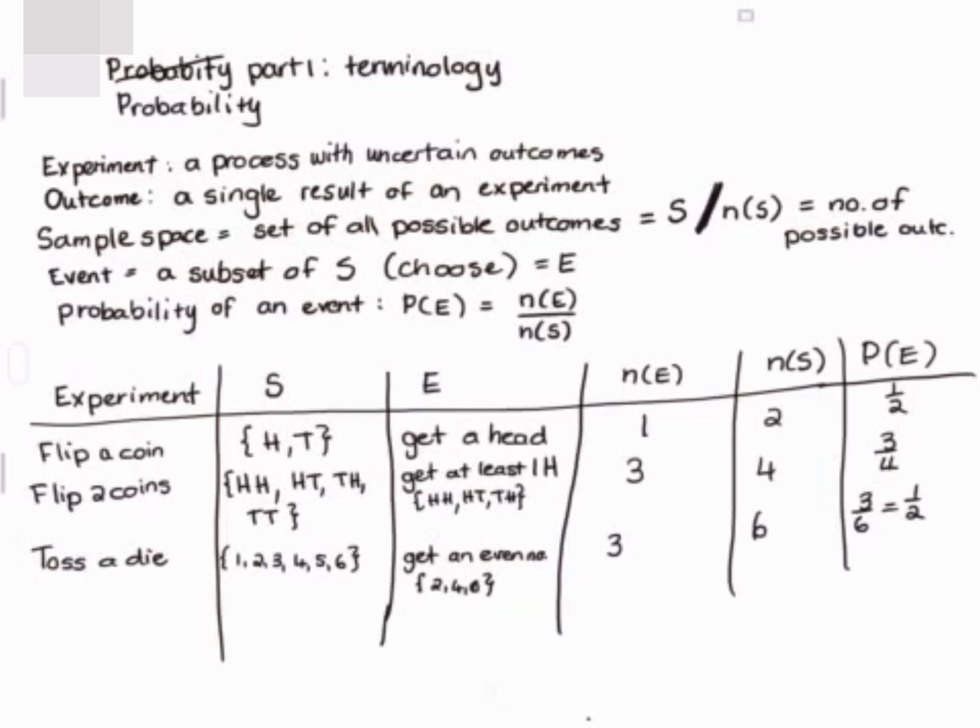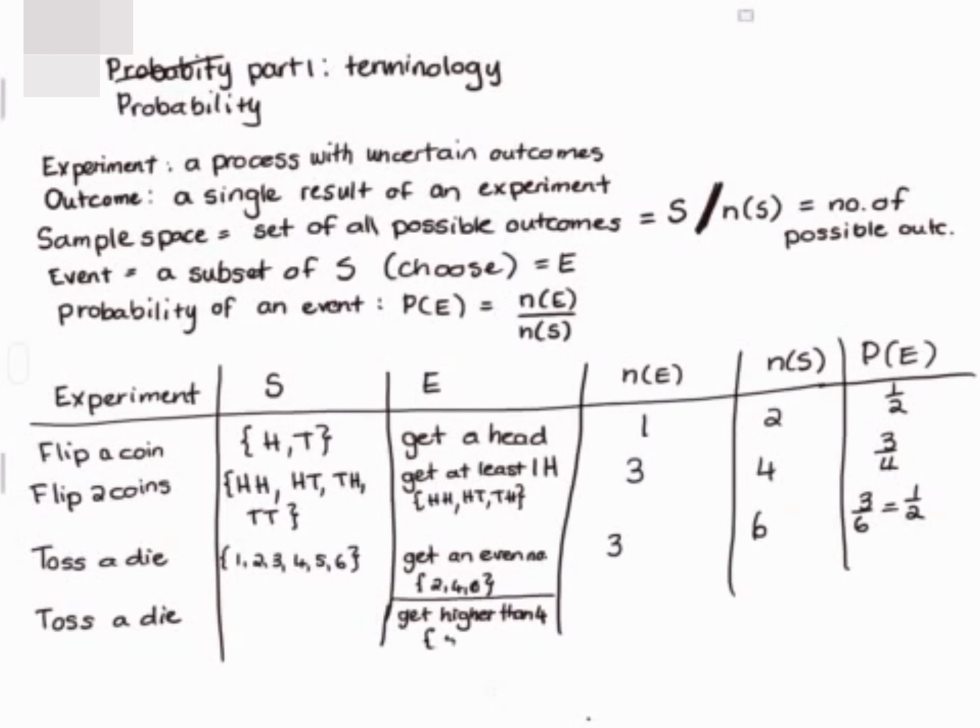Let us do another toss a die. So I'm not going to fill in S again, it's the same. I'm going to make a new event. Just make a line here. Get a number that is higher than a 4.